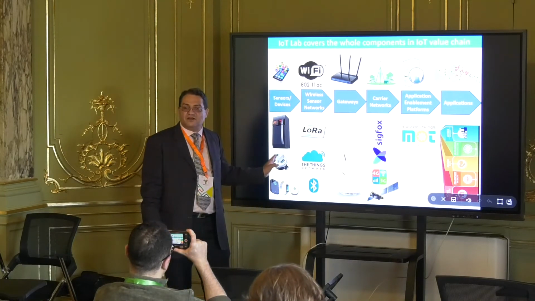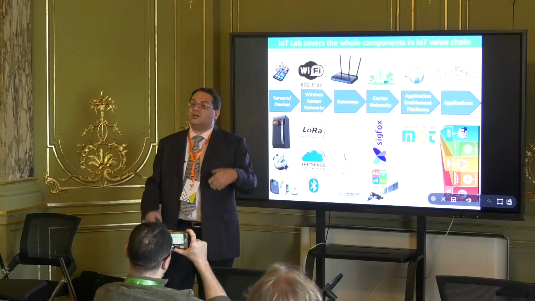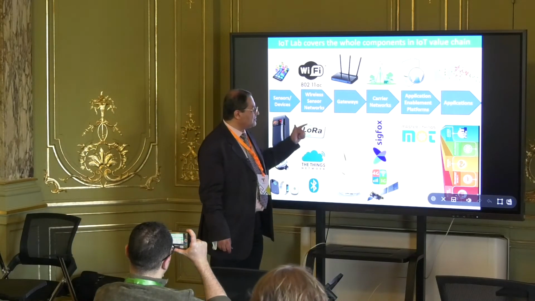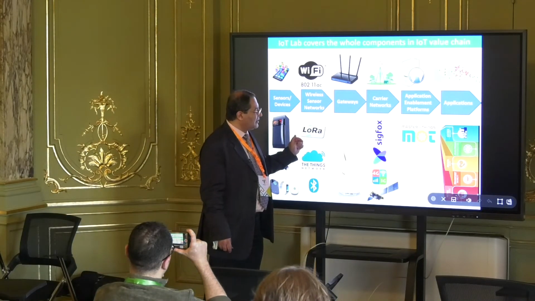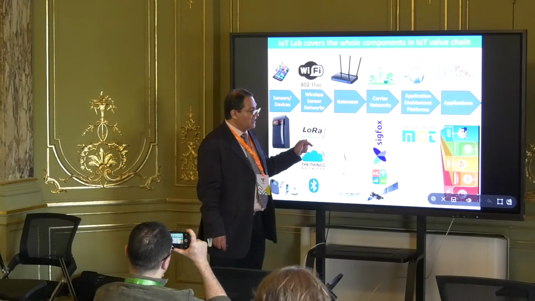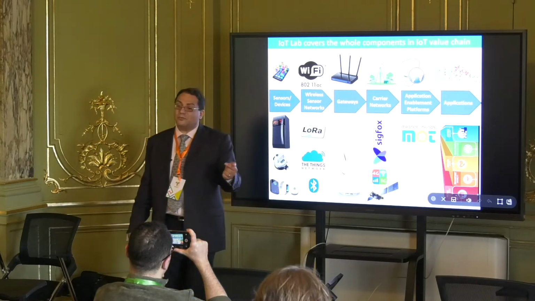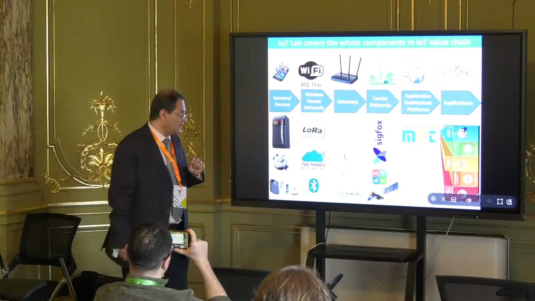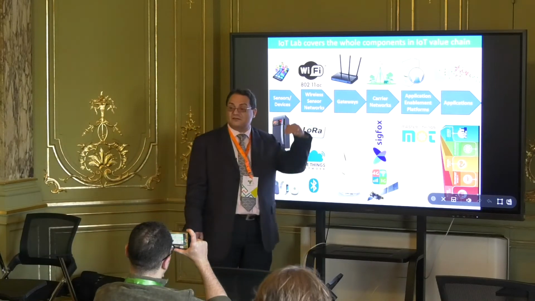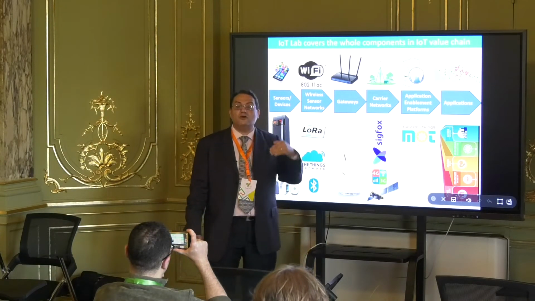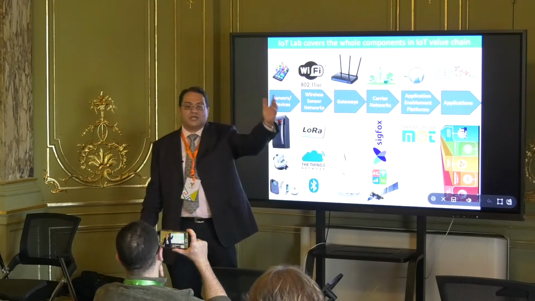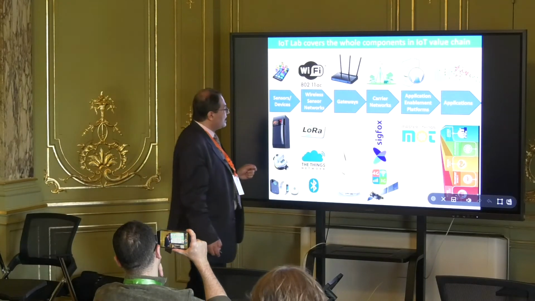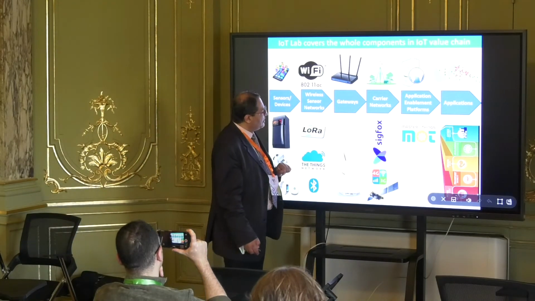These IoT devices are battery operated devices, most of them, and a wireless communication would be considered better if it saves the battery power of the device, and at the same time can transmit as much data as possible over as long a distance as possible. So the longer distance you can transmit with less battery power, the better the wireless technology. So these are the two main components.